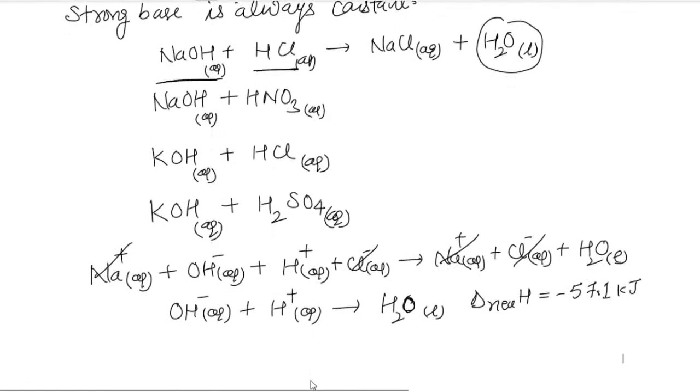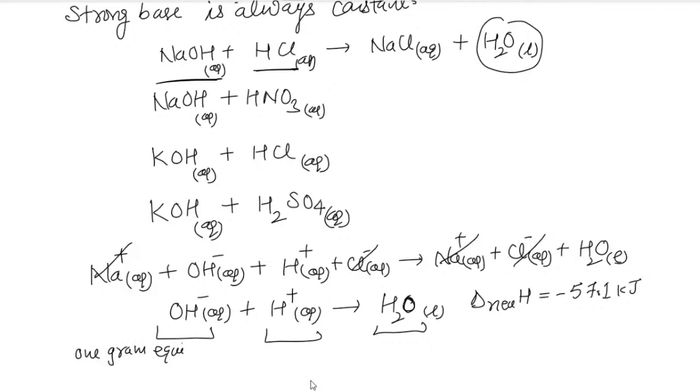So इसका मतलब ये हुआ कि it can also be defined as formation of enthalpy change when 1 mole of H2O is formed from 1 mole of OH negative ion and 1 mole of H plus ion. Am I right? So that's why this OH negative ion 1 mole, it is obtained from 1 gram equivalent of base.